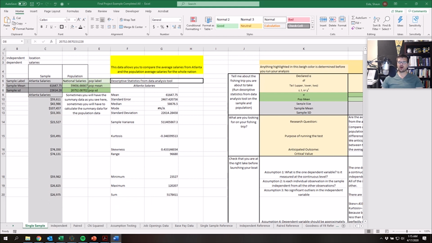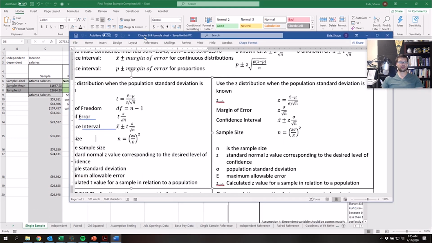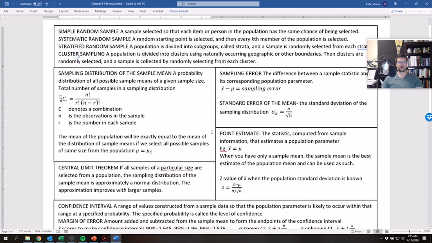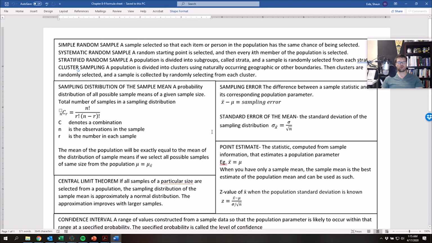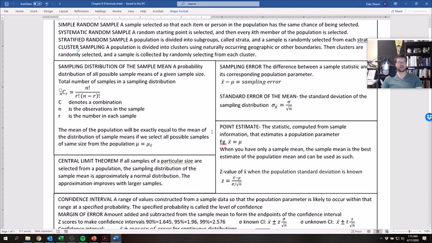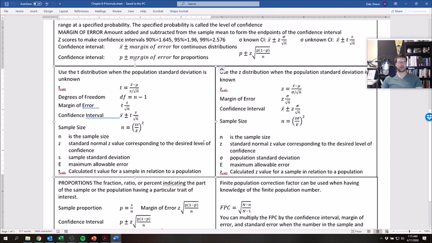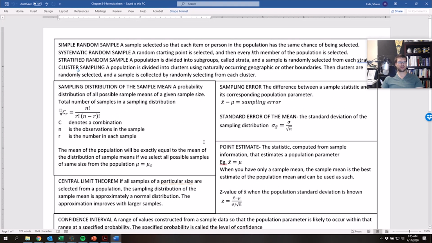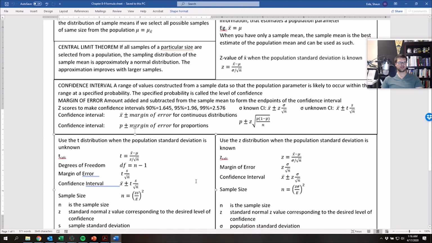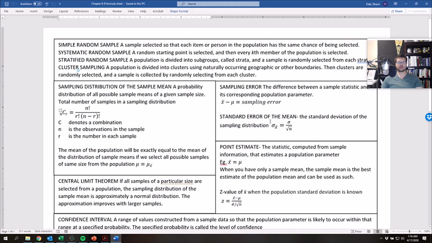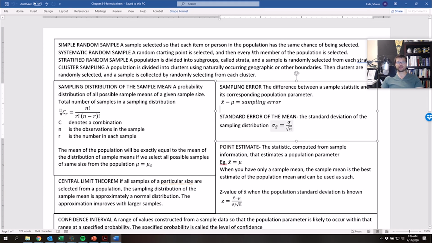Now, if I wanted to, I could actually run this and do all the calculations by hand. In order to do this, what we need to do is find the standard error. Let's take a look at this fun little formula sheet. We've got the standard error right here, which is the standard deviation divided by the square root of n.